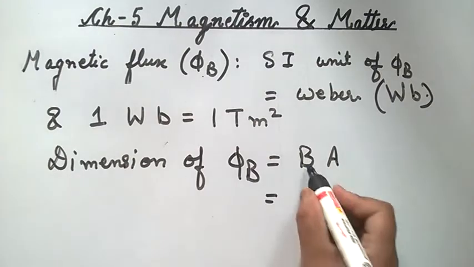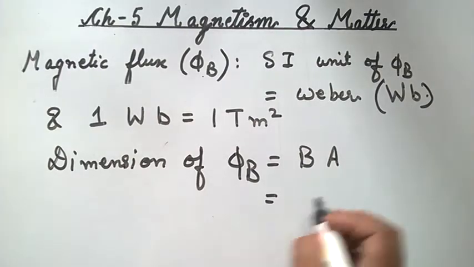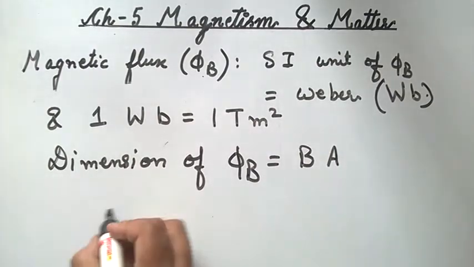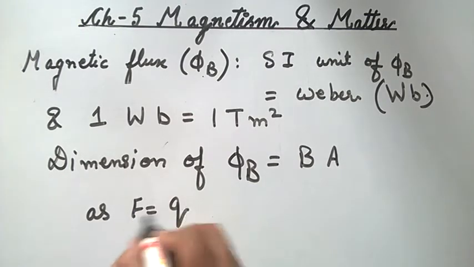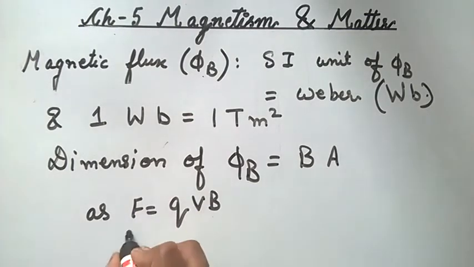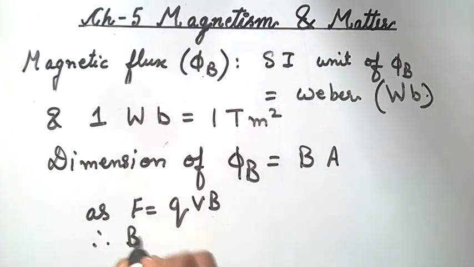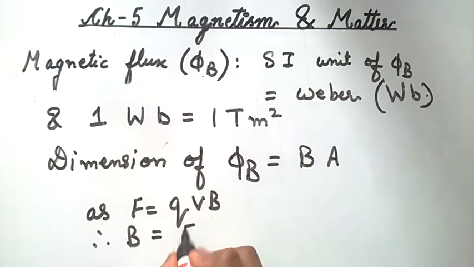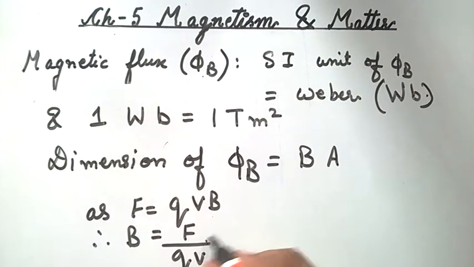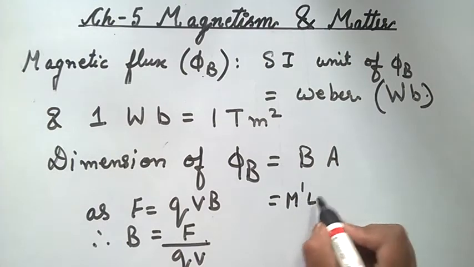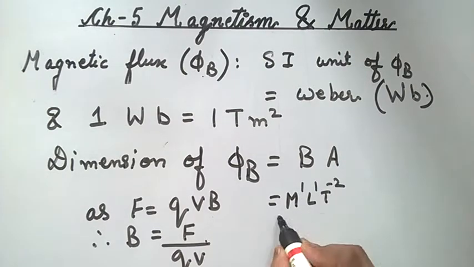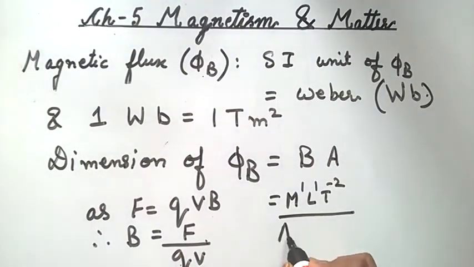Therefore, magnetic field is given as, by Lorentz force, we can find magnetic field, that is B equivalent to F by QV. And therefore, the dimension of F is M1 L1 T minus 2. Charge is given as ampere into time.